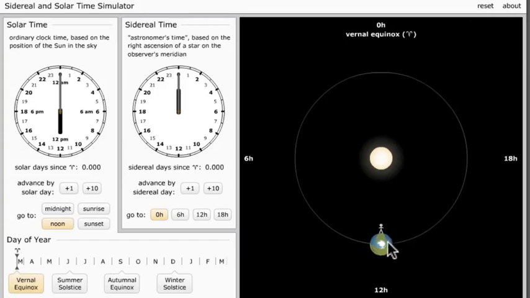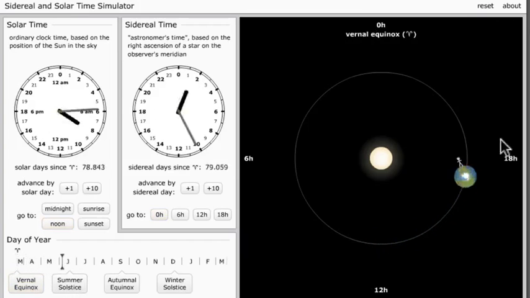As the Earth orbits, if we start at some point on the Earth's orbit with the Sun in this direction in the sky, imagine the celestial sphere outside this figure, at celestial midnight, then 3 months later, when the Earth has moved to this point in its orbit, the Sun has changed orientation relative to the Earth.